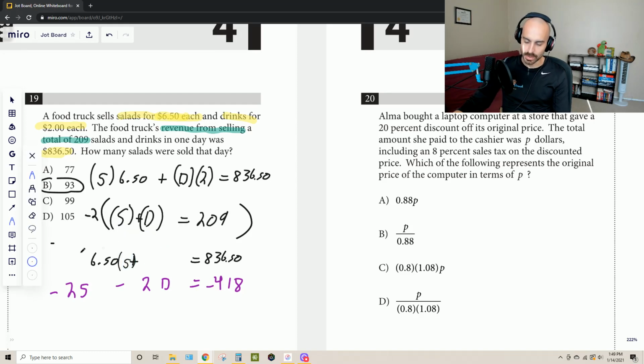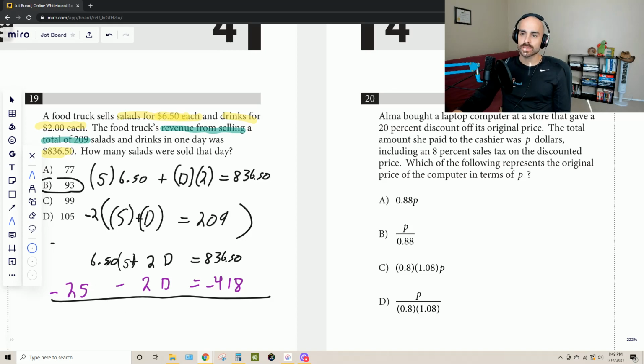I'll put that in black here. So this makes a little bit more sense for us. I'm just rearranging here so that this becomes more obvious. 6.5 minus 2, because that's S. Almost forgot that was a 5. That's how bad my handwriting is. So just make sure you got your handwriting in check here. S. All right. That's eliminated, and then we have 836.50.